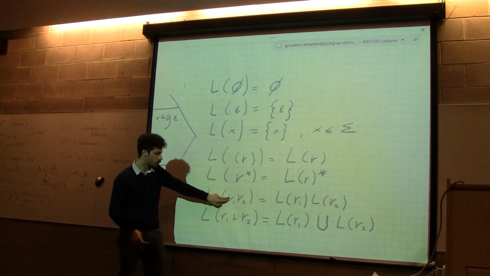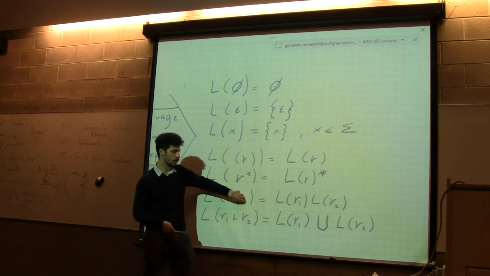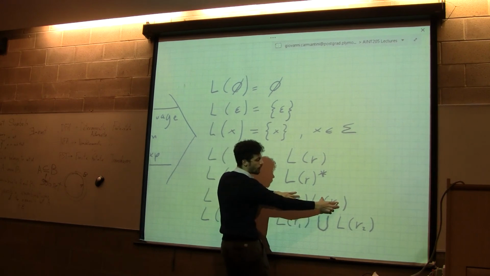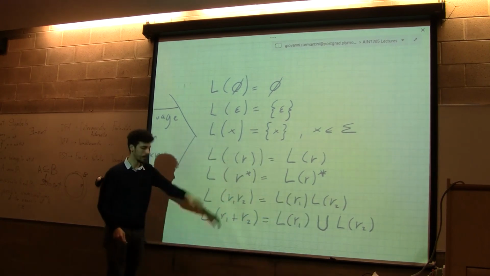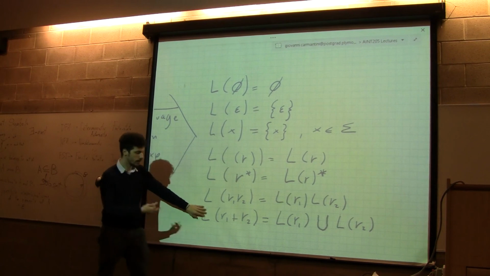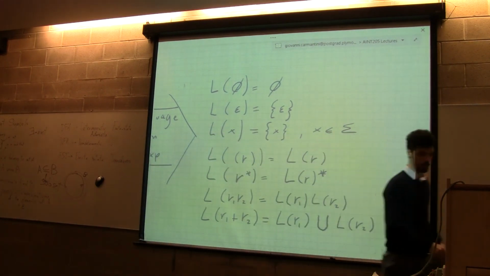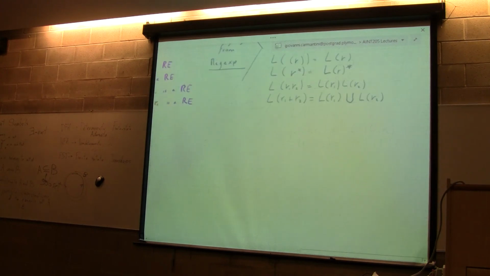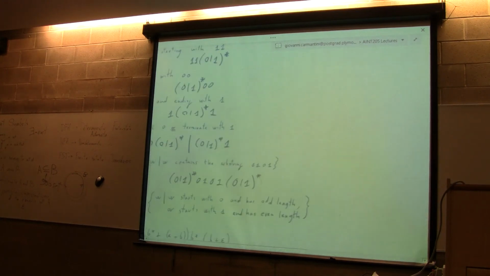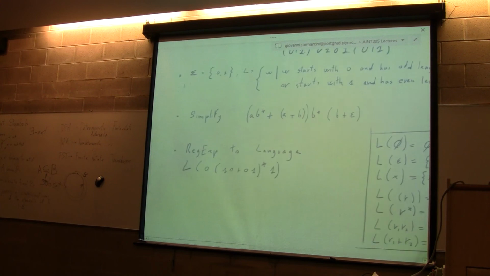L of the concatenation of the regular expressions is the concatenation of the languages of each one. L of the alternative is the union of the two languages, okay? So, this is the definition, and I can use it to actually start from a regular expression and end up with a language.